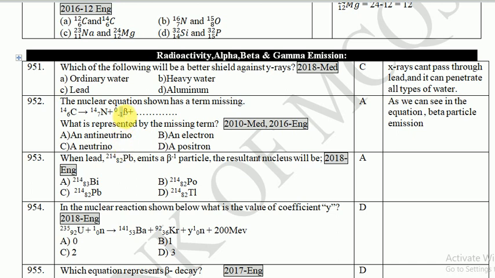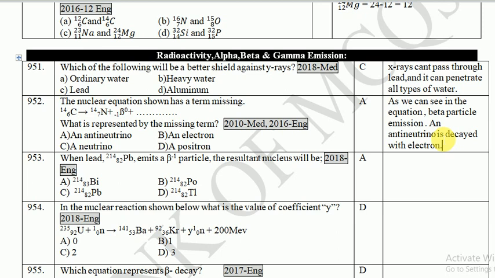So here an electron is being removed, which means that an electron has been emitted. When electron decay occurs, an anti-neutrino is released with the electron.